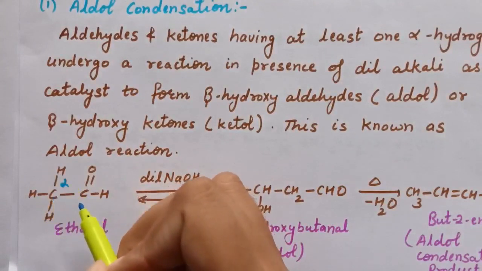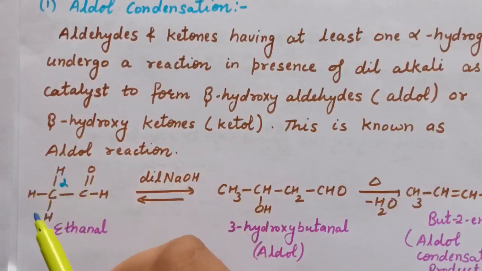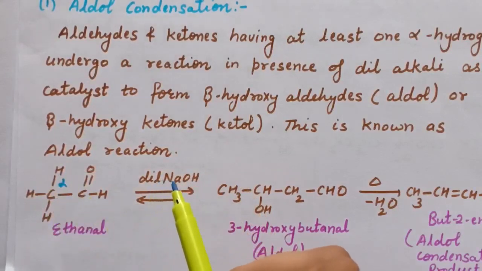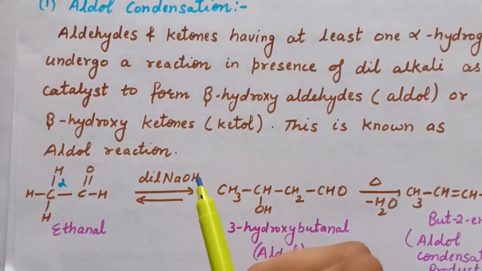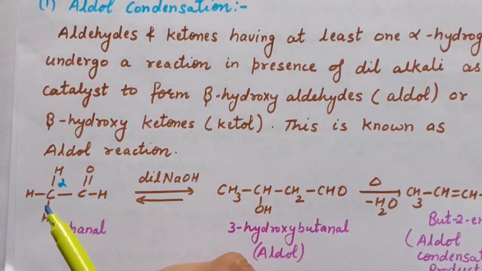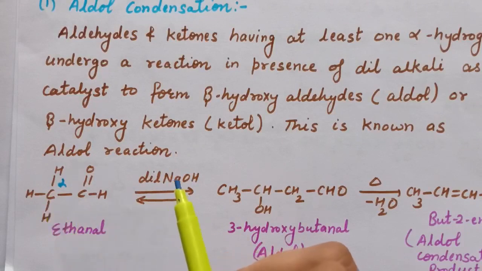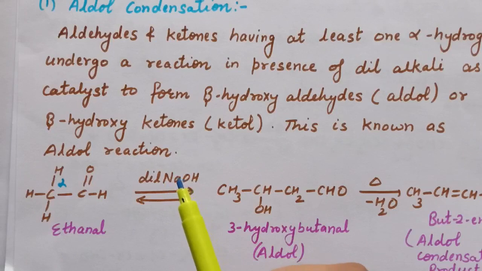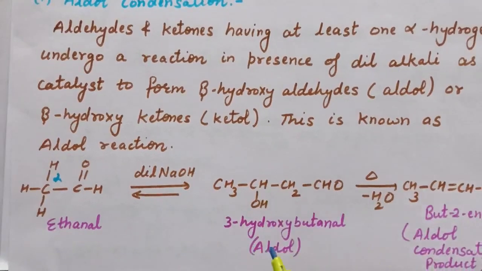So in case of ethanol, there are 3 alpha hydrogen. In presence of dilute alkali, one of the alpha hydrogen is abstracted by this base, which results in the formation of enolate ion, and then aldol is formed. Heating of aldol results in the formation of aldol condensation product by the removal of water molecule.